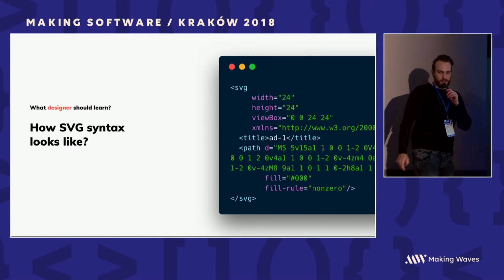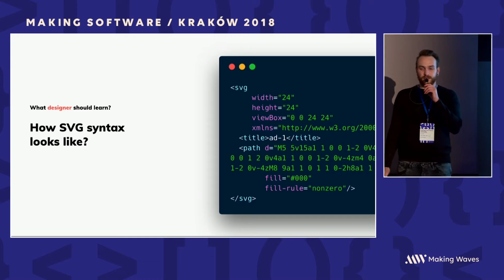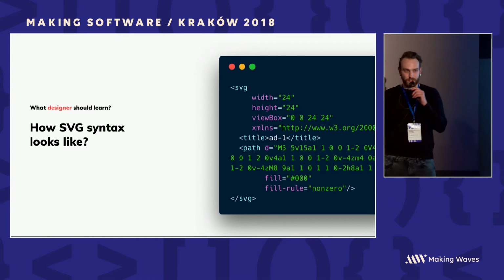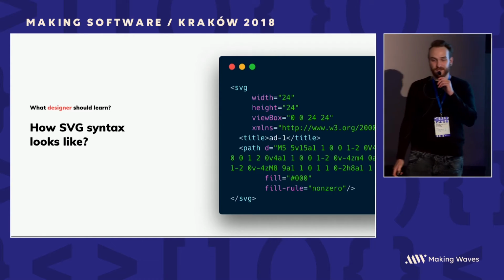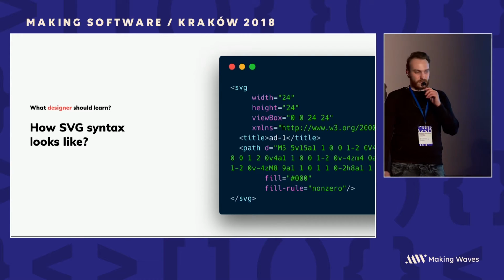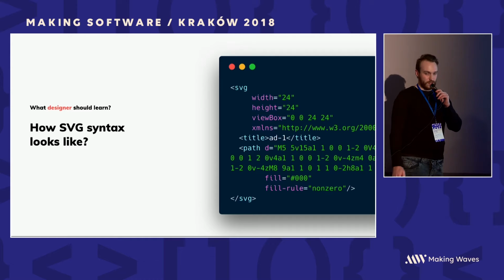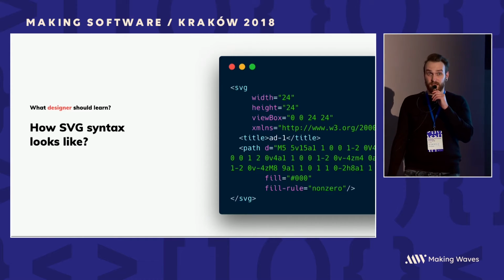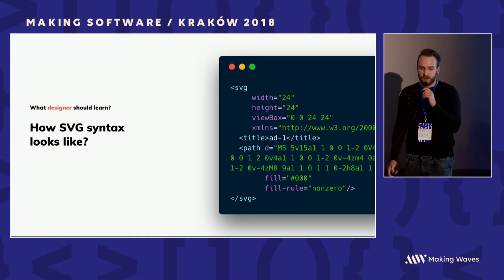And SVG syntax, which is mostly produced by designers, but they produce it the way designers do. They just click around in some Illustrator stuff, and sometimes, for example, Sketch produces really, really bad SVG code.